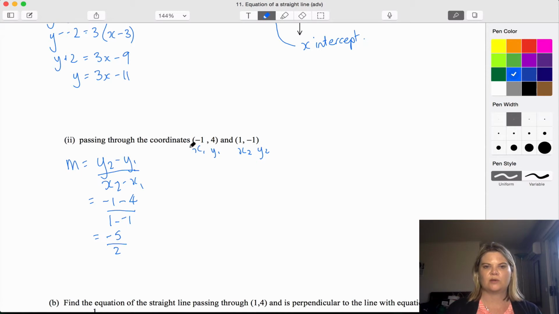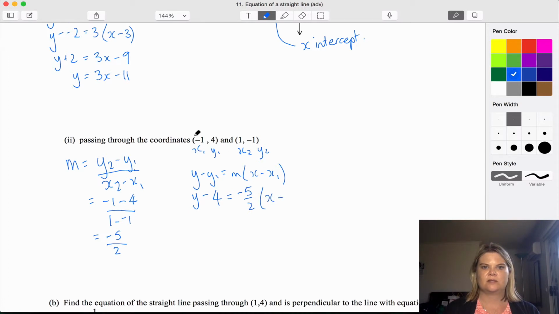And we've got 1 point already here, so now we can try the second equation. y minus y1 equals m(x minus x1). y minus 4 equals m, which is this, negative 5 on 2, x minus negative 1. Negative 5 on 2x plus negative 5 on 2.